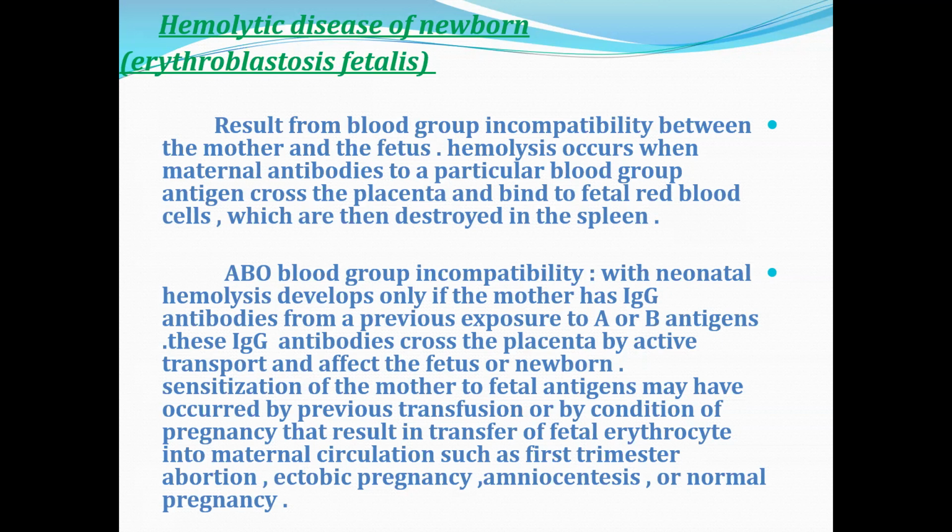ABO blood group incompatibility is an important subject, as we say. Neonatal hemolysis develops only if the mother had IgG antibodies from a previous exposure to A or B antigen. So the presence of antibody in the blood circulation of the mother is an important part of such a process. These antibodies cross the placenta by active transport.